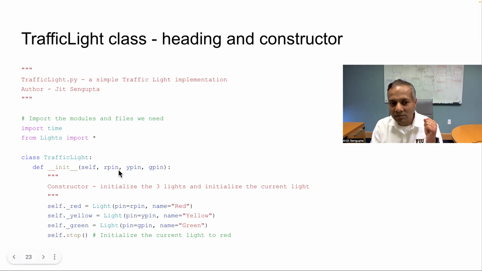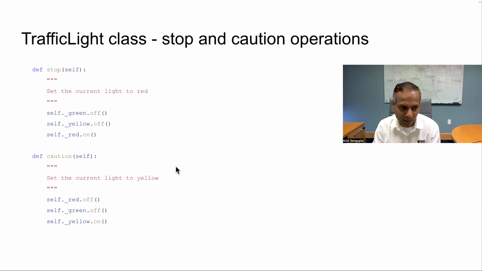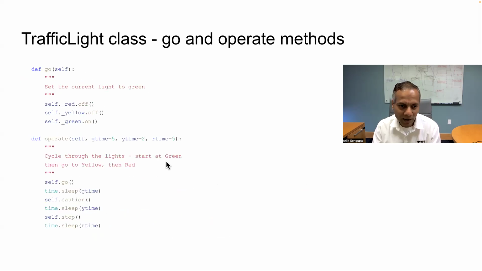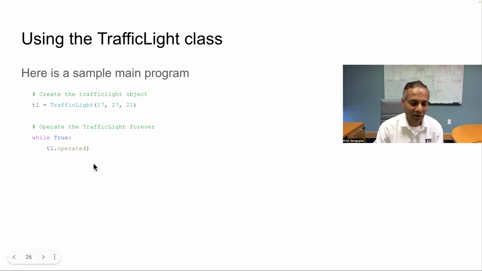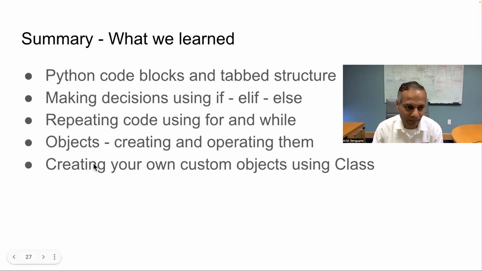So you had to explicitly specify what those values are when you created them. But here, we have default values: 5 seconds for green, 2 seconds for yellow, 5 seconds for red. So unless we need to change any of them, we could just say operate, and it's going to use the default values. And that is going to go on forever as long as you run the traffic light.